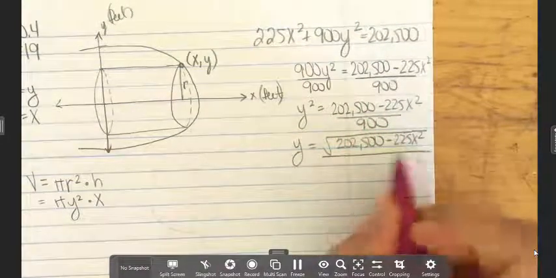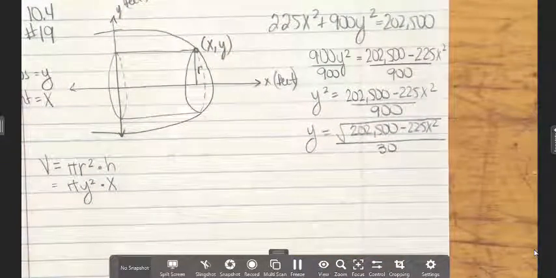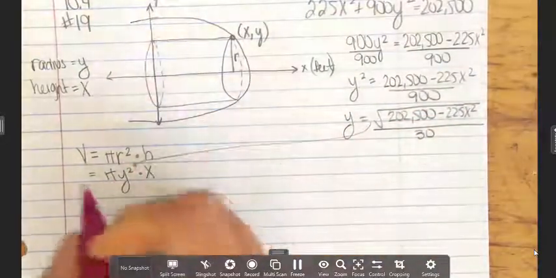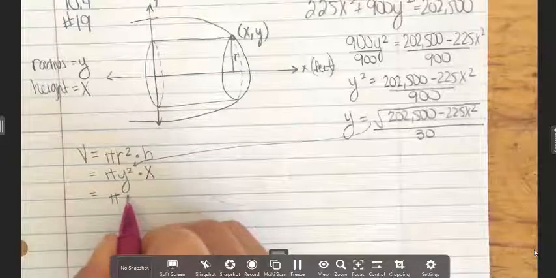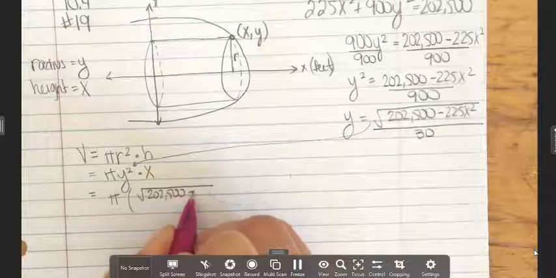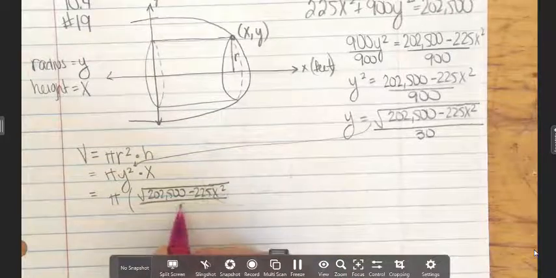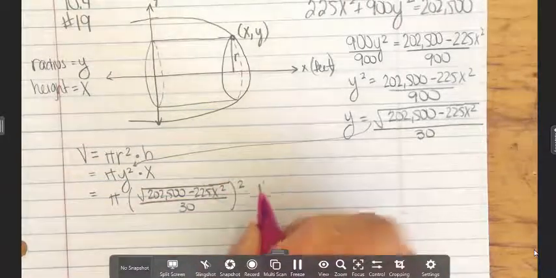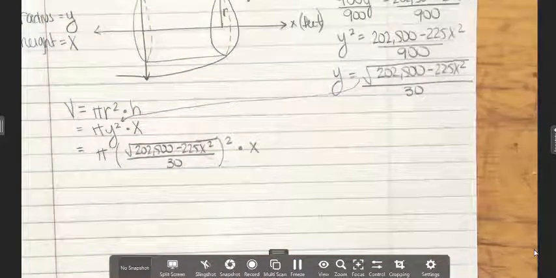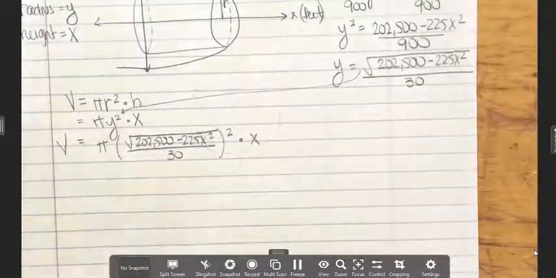So I'm just going to put this all over 30, I believe, is the square root of 900. Okay, so now I'll take that y value, and I'm going to plug it in right here. So now I have a function for my volume, which I can then graph and come up with my maximum.